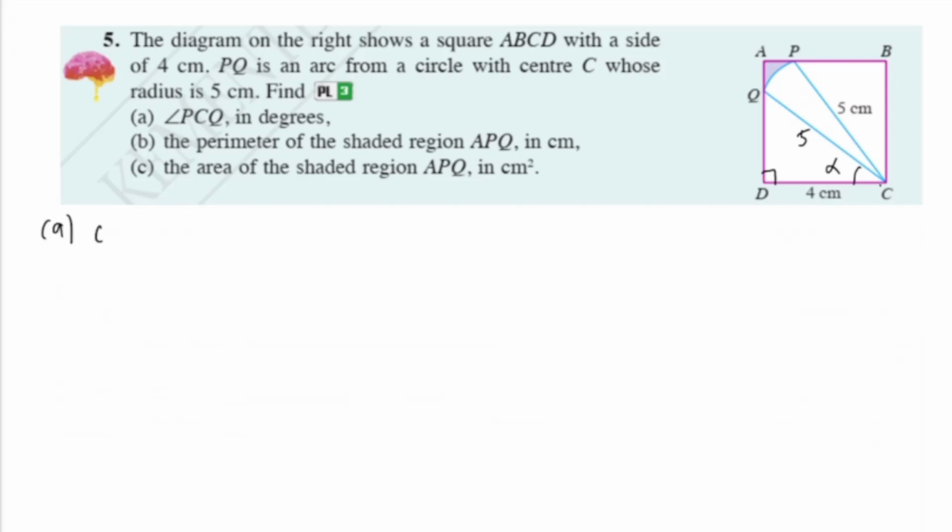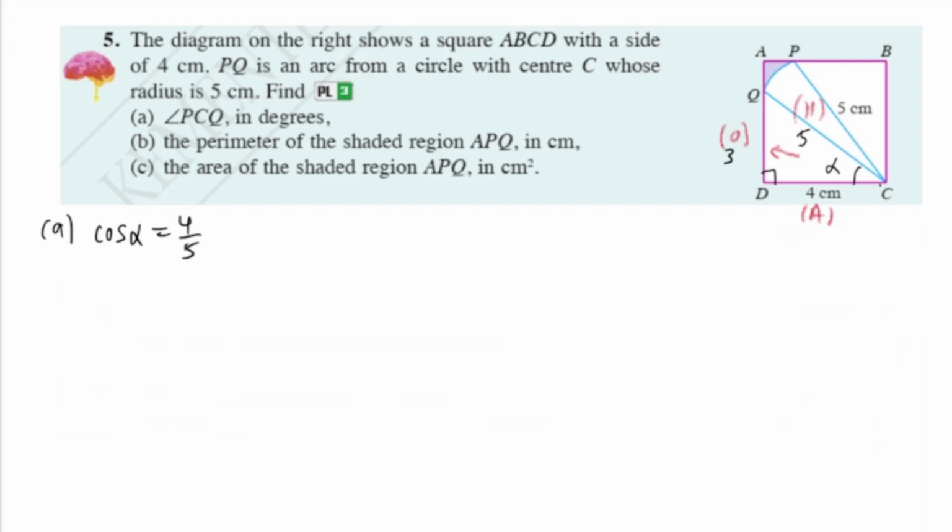I'm going to use cos alpha equals 4 over 5. Your adjacent is 4, hypotenuse is 5. In fact, we can say that the opposite is 3, because we know from the 3, 4, 5 ratio.